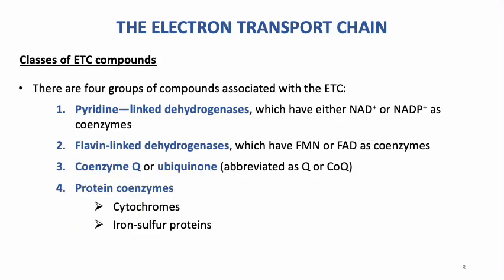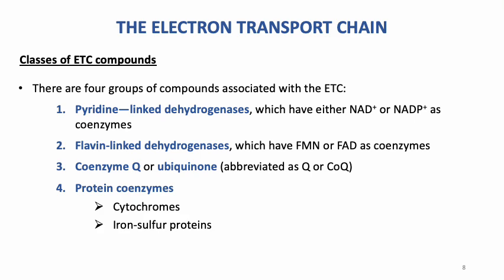Before I discuss the different complexes that make up the electron transport chain, let me go over the classes of compounds that are involved in the electron transport. There are four compounds associated with the electron transport chain. Pyridine dehydrogenases, they contain NAD+ or NADP+ as coenzymes, and I discussed earlier how NAD+ or NADP+ are involved in carrying electrons.